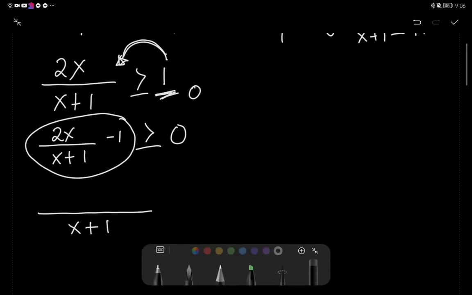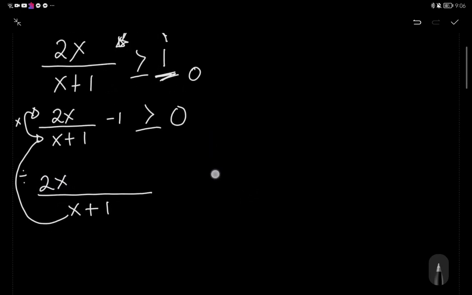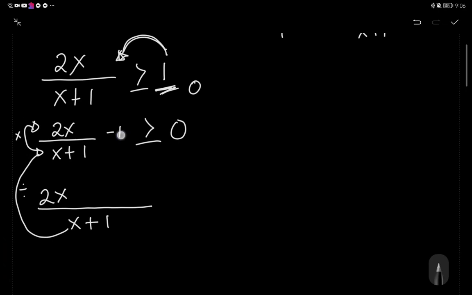Now let's have x plus 1 as our LCD. Now x plus 1 divided by x plus 1, that is 1 times 2x, that is 2x. Now here, 1, this one is considered to have a denominator of 1.